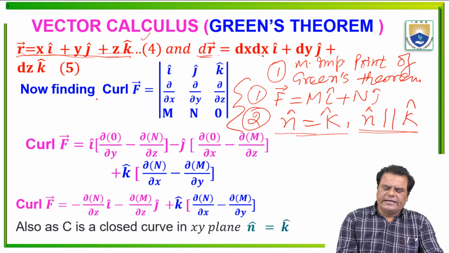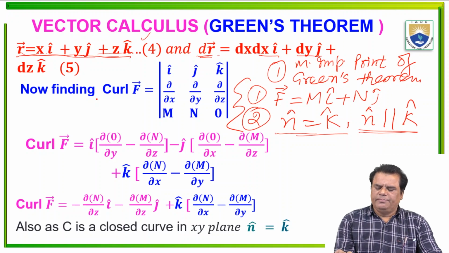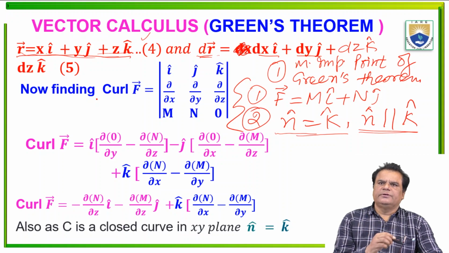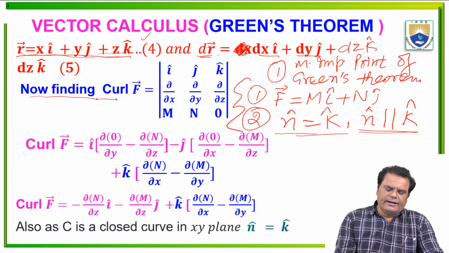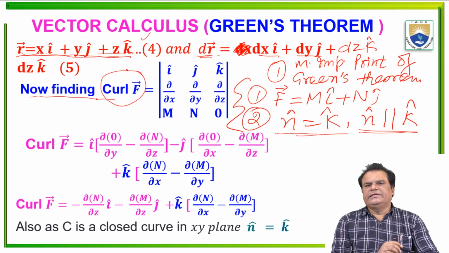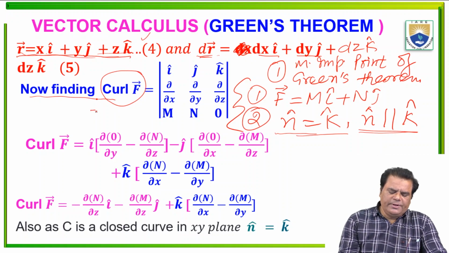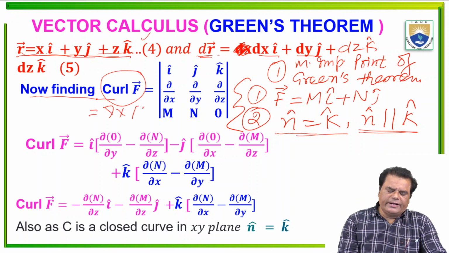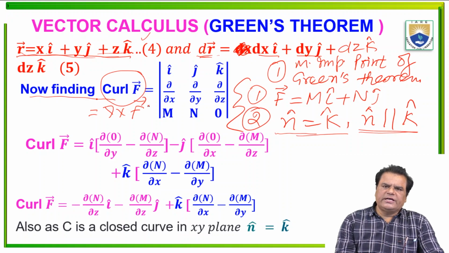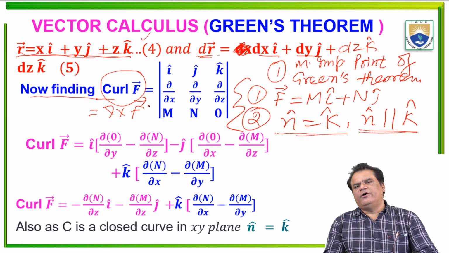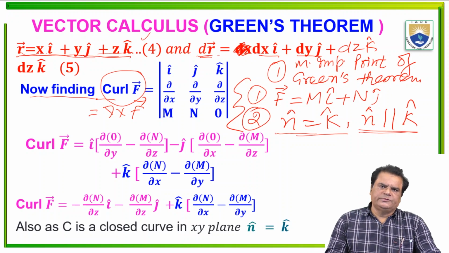Dr vector is dx i plus dy j plus dz k. So now finding curl f. What is curl f? Curl f is represented by del cross f vector. Del cross f is determined with the help of a determinant.